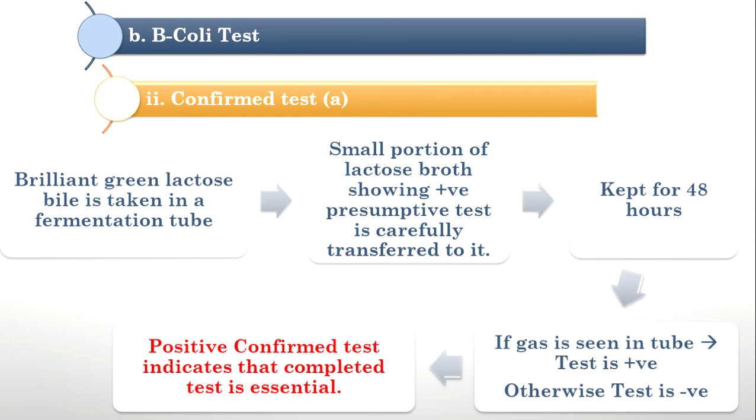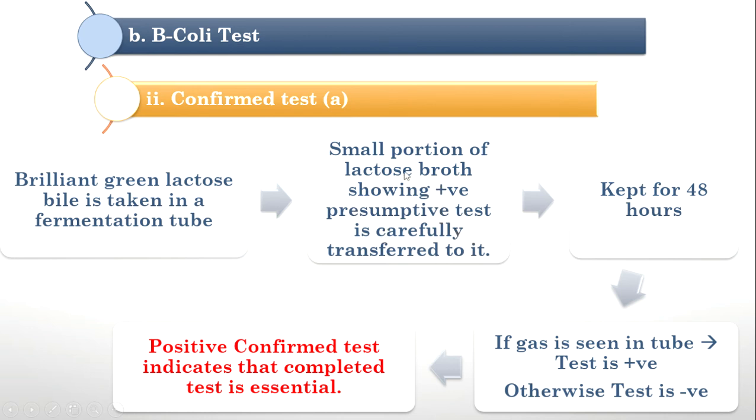The next step is the confirmed test, which can be done by two means. Two procedures are there. This is the first procedure and the second will be given in the next slide. In the first procedure, brilliant green lactose bile is taken in a fermentation tube. This is a chemical which is available in all chemical labs. A small portion of the lactose broth showing a positive presumptive test is carefully transferred into it.